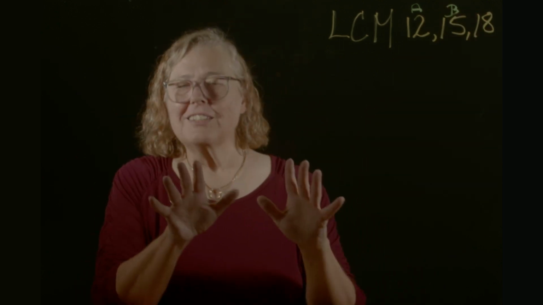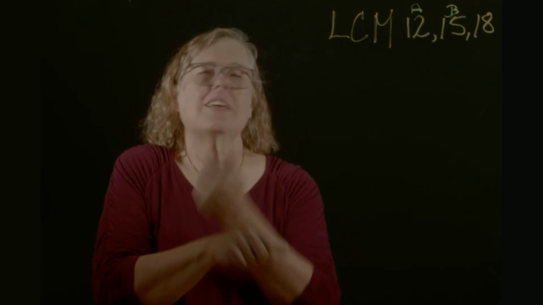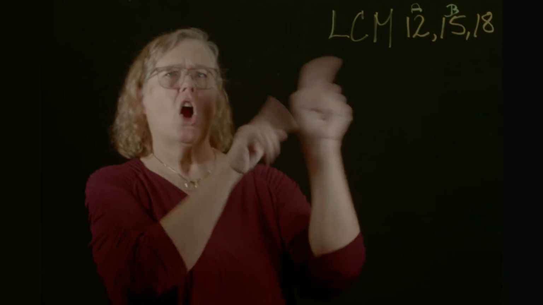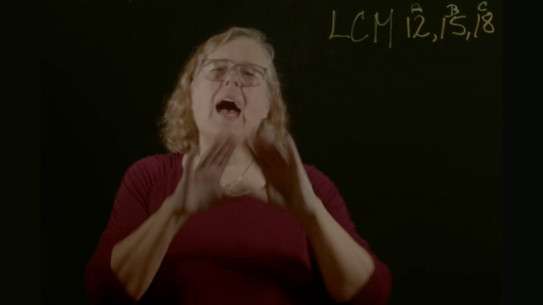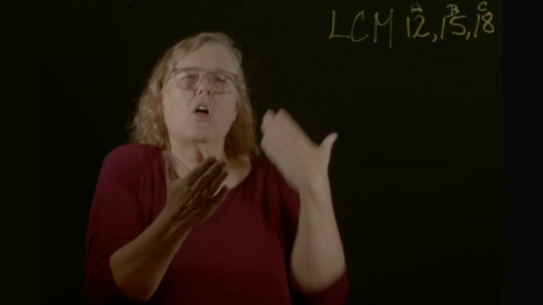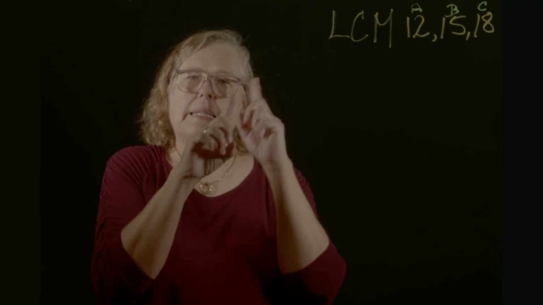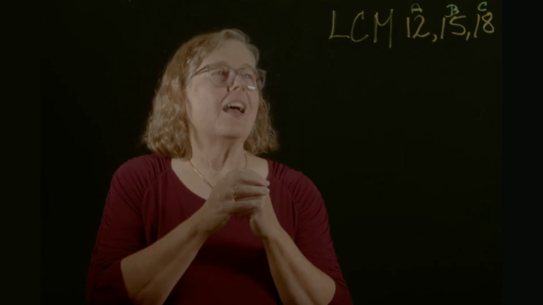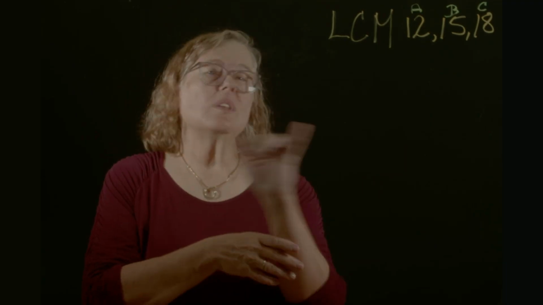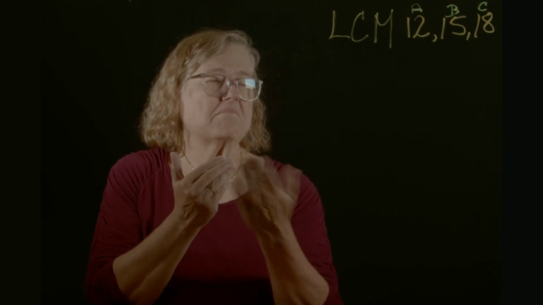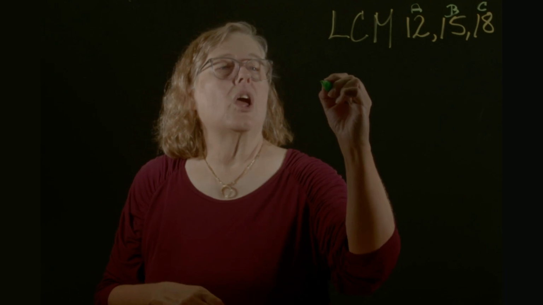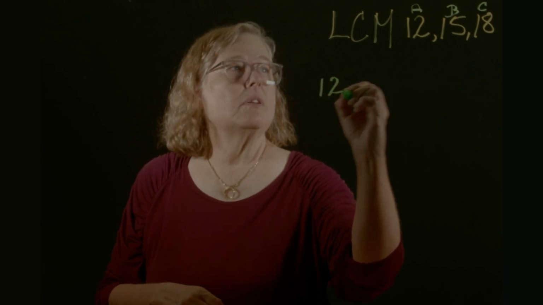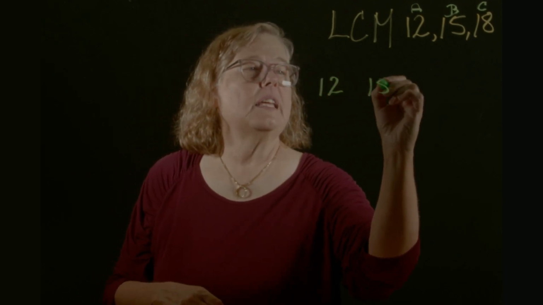And obviously, train C shows up every 18 minutes. He has to go out farther. How often will they arrive at the same time? Let's find out. With these 3 different numbers, it's still going to be easy. Watch. 12, 15, 18.